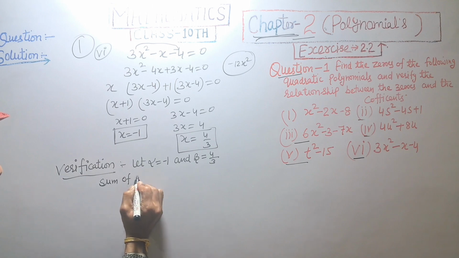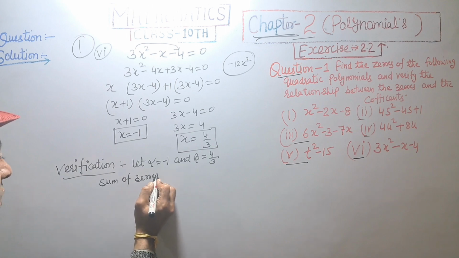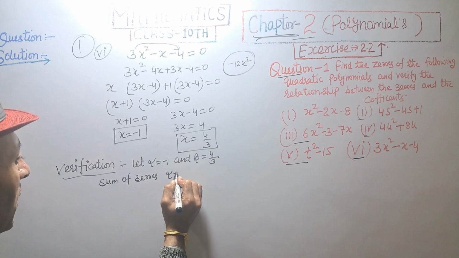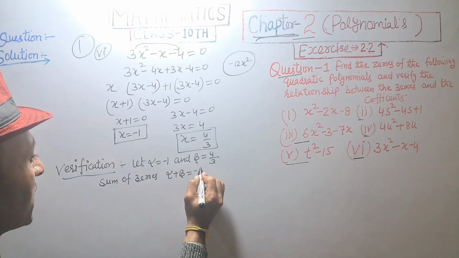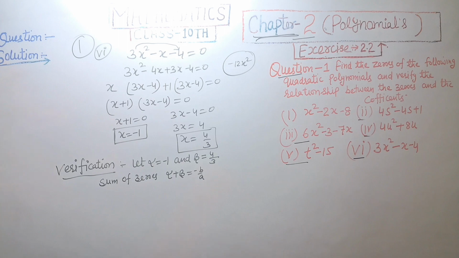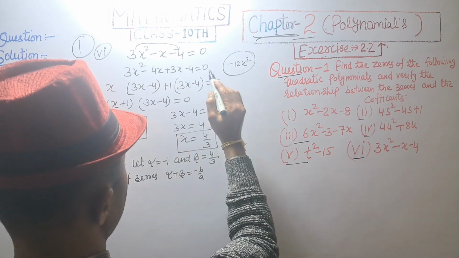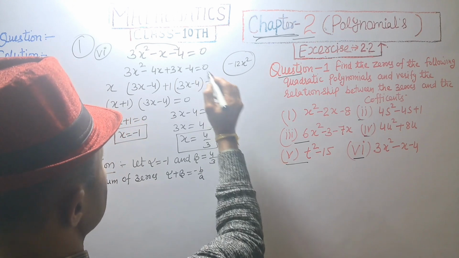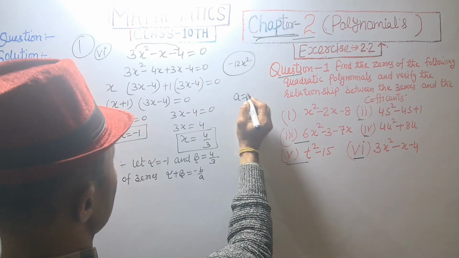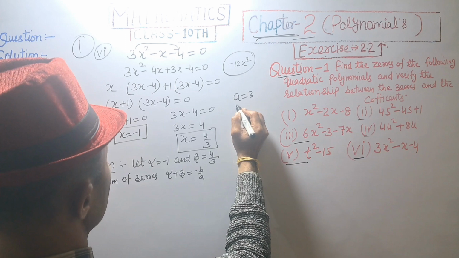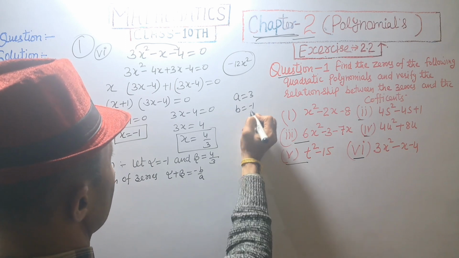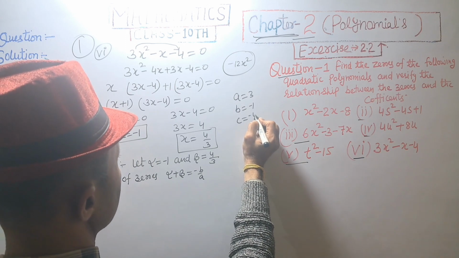Sum of zeros: alpha plus beta is equal to minus b upon a. We are comparing this quadratic polynomial with ax square plus bx plus c and get the value of a is 3, b is minus 1, value of c is minus 4.